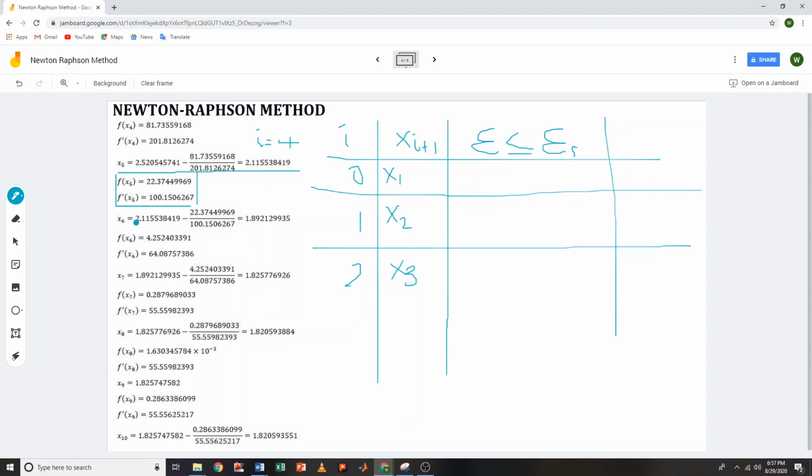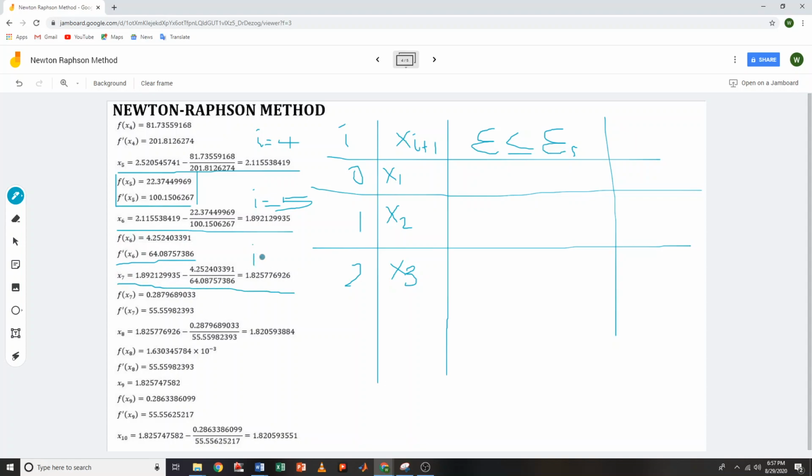Okay, so i equal to 5, we can get the value of x6. And solve again f of x6, f prime of x6. And then we can get the value of x7, that is i equal to 6 here.